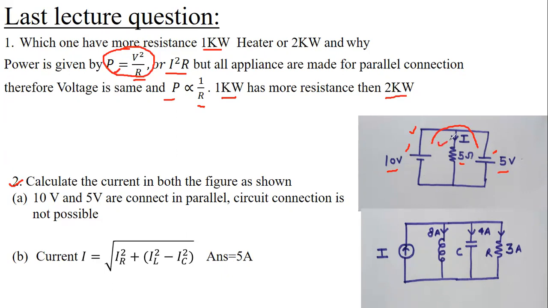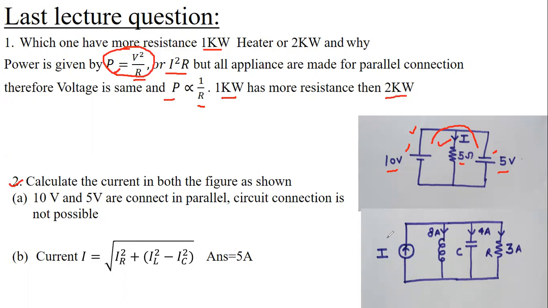So the value of current I is always 0, because the 10 volt and 5 volt are shorted and no current flows into the 5 ohm resistor. So practically the circuit is not possible, and mathematically the value of I is 0.